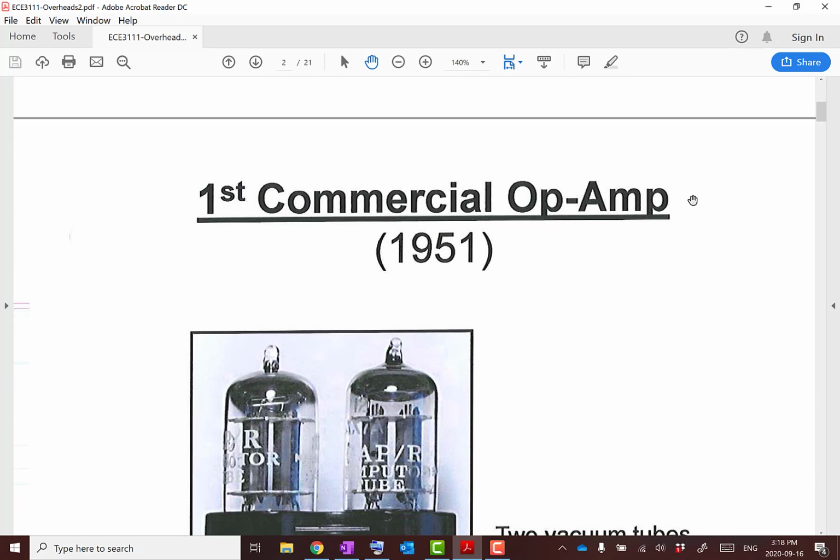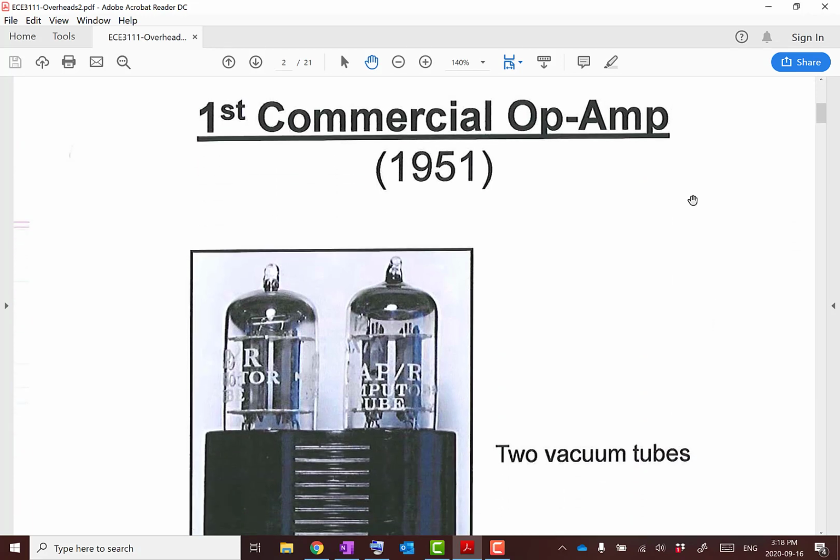So just a bit of background on op-amps. The op-amp was originally developed for commercial use in 1951 using vacuum tubes. The idea was originally conceived even before that, in 1941.